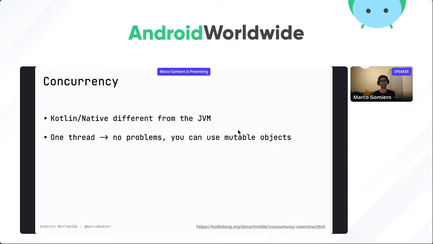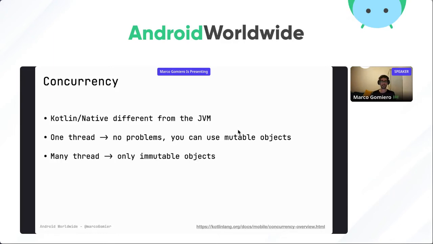But things are changing, and in fact next spring Kotlin Multiplatform will reach beta, and there will be a new memory model that is easier than this one. For the time being, you have to keep in mind that if you are using one thread, there are no problems. So you can use mutable objects.